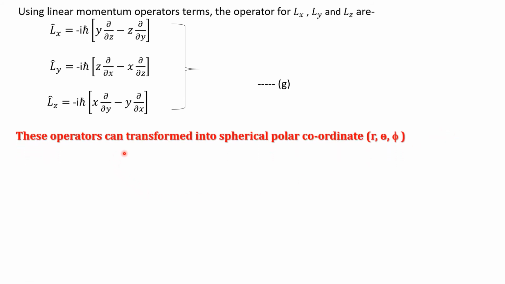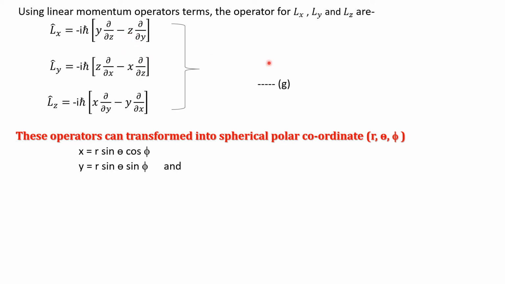Hence, we put x equals r sin theta cos phi, y equals r sin theta sin phi and z equals r cos theta. Here, using the spherical polar coordinates, we find another relation of the angular momentum operator components Lx, Ly, Lz in terms of r, theta and phi.